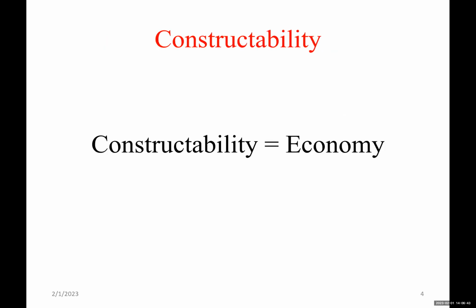Okay, so in every design, it's extremely important to understand the constructability. Can we build this or not? Is it easy to build or not? Is there an easier way to build it than this way, for example? Because constructability means economy.